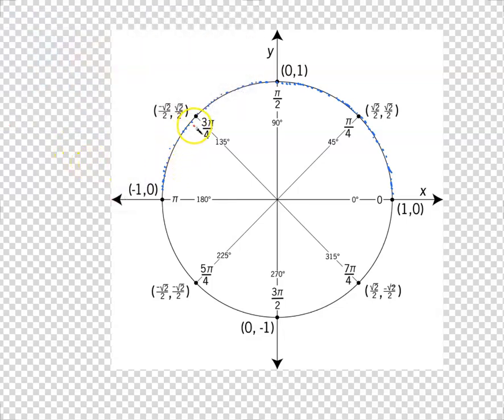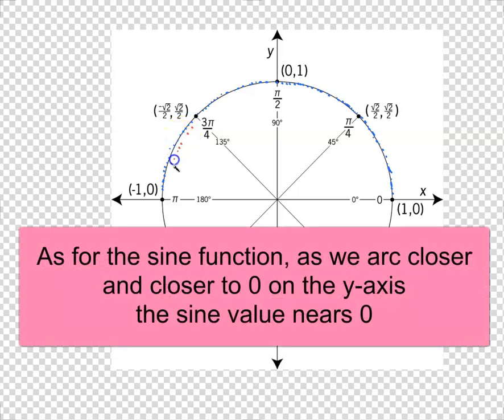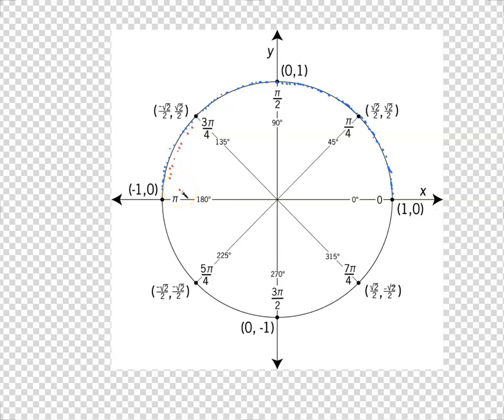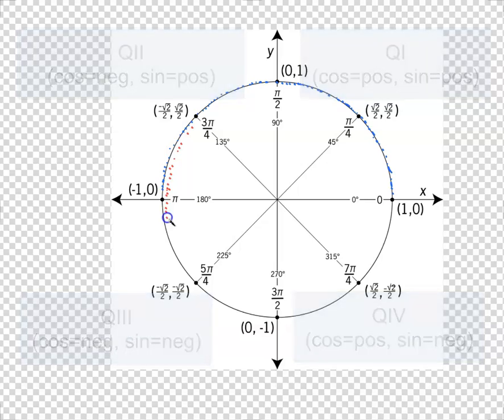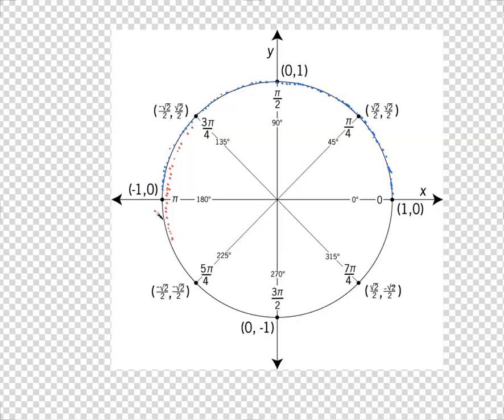Likewise, if we consider the sine function, as we're arcing closer and closer to 180 degrees, we're approaching 0, and as we go past pi, we're dipping into the negative values for the sine function. Coincidentally, we're still in negative values for the cosine function.